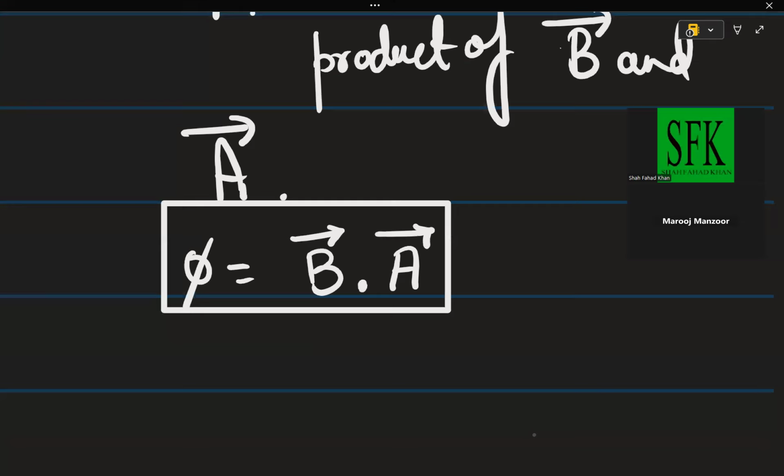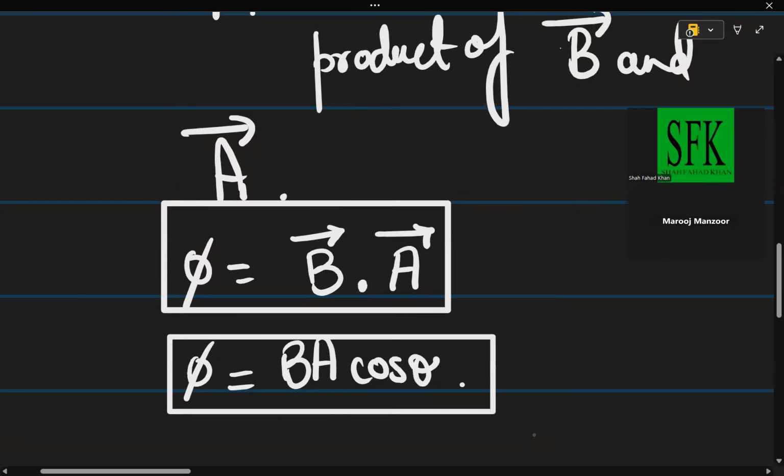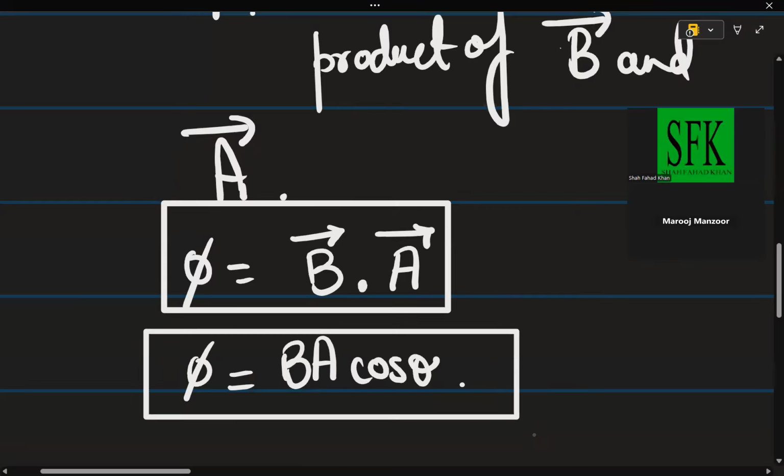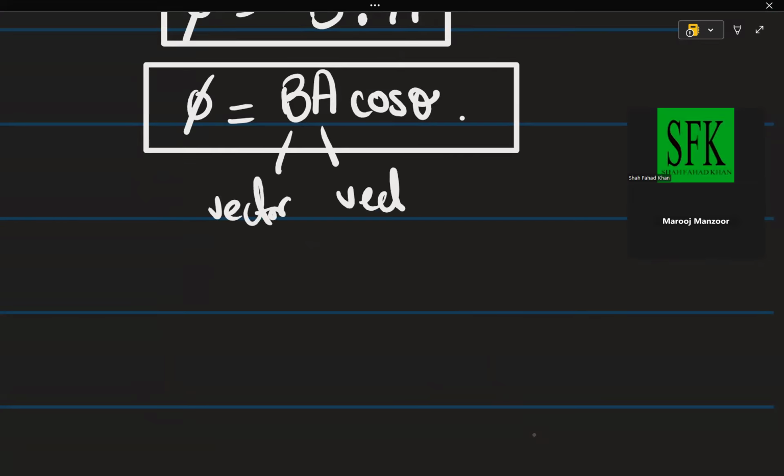Now, if you were to open this up, this is going to become BA cos theta, where theta represents the angle in between the flux density and area. And now, do you know what the direction of vector area is? By the way, both of these are vectors. But as you do the scalar product, you get a scalar as a result.